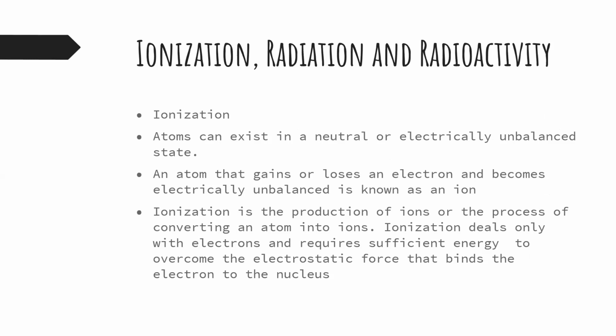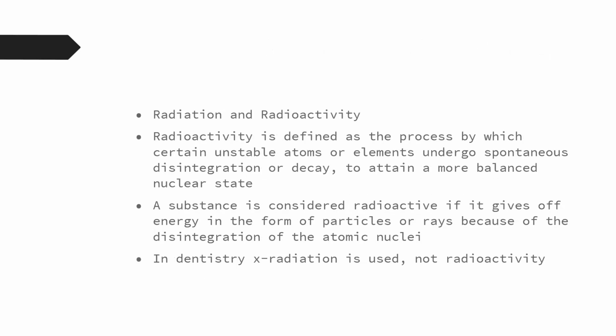Atoms can either exist in a neutral state or an electrically unbalanced state, which can be either positive or negative, depending on if it gains or loses an electron, all right? Ionization deals only with electrons and requires sufficient energy to overcome the electrostatic force that binds the electron to the nucleus.